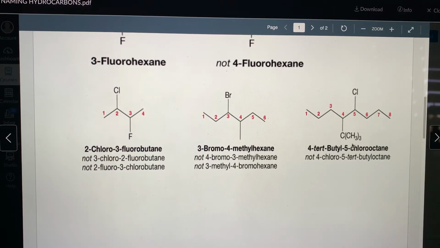The tertiary just tells you what kind of branch it is. So that's 4-tert-butyl, but you base it on the B, so B goes before C, and that's why you go this way. And it's 5-chloro, and that's an 8-carbon alkane, which we call octane.